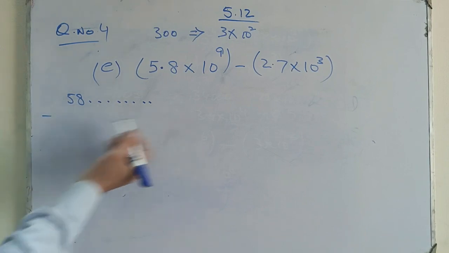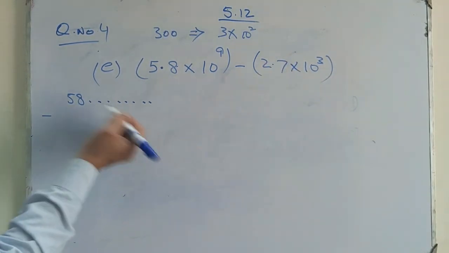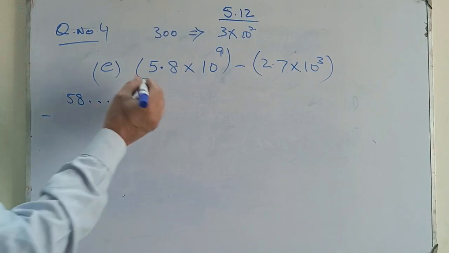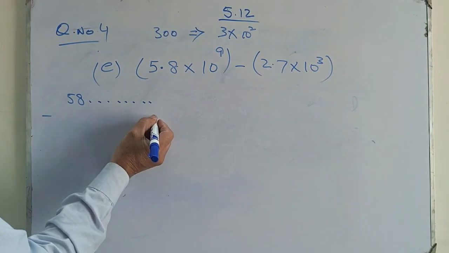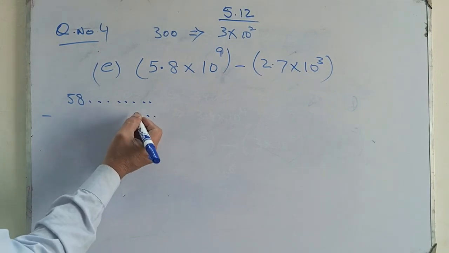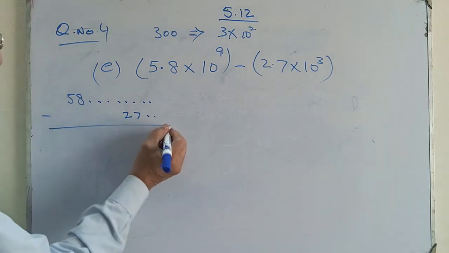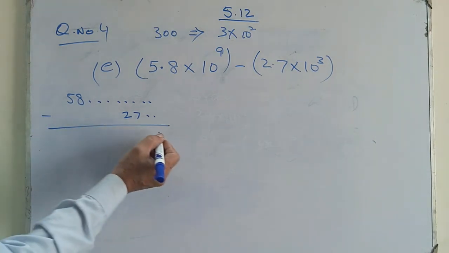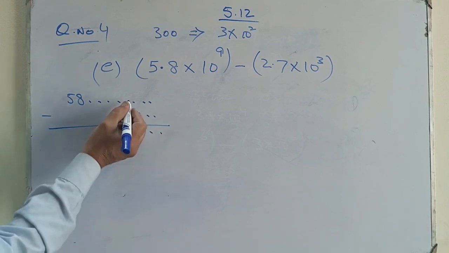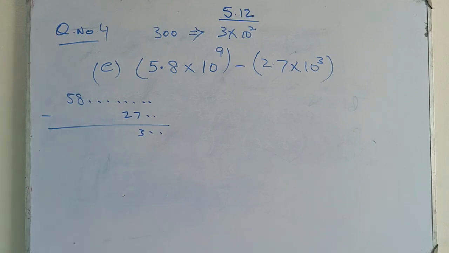Now starting from the unit side, because on the unit side you have to align these. There are 2 zeros only, 1, 2, and then it becomes 7, and then it becomes 2. Now 0 for 0, 0 for 0, and when it becomes 10, it will become 3.